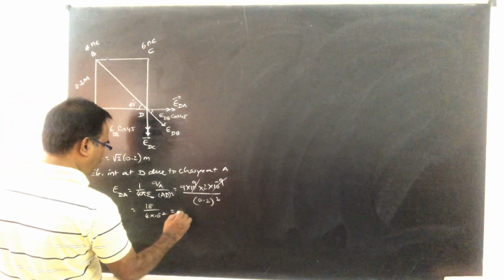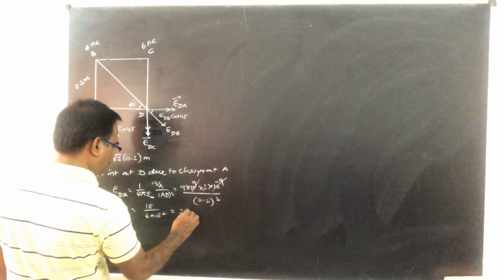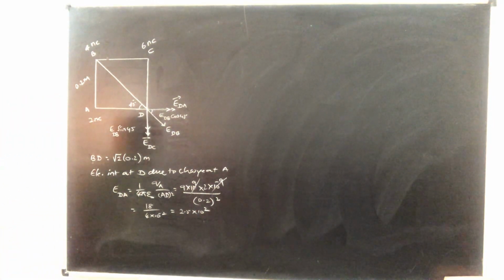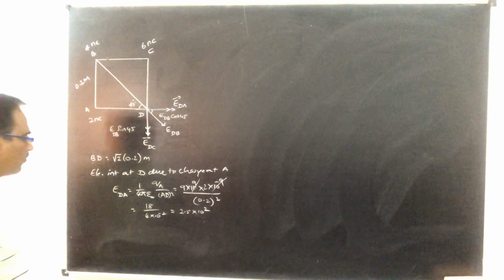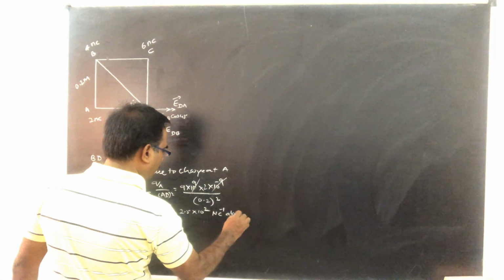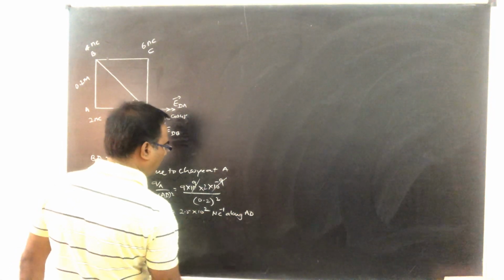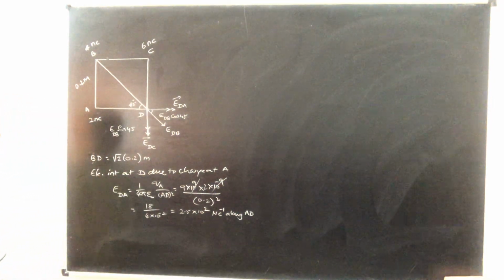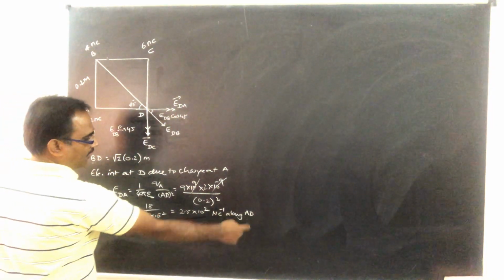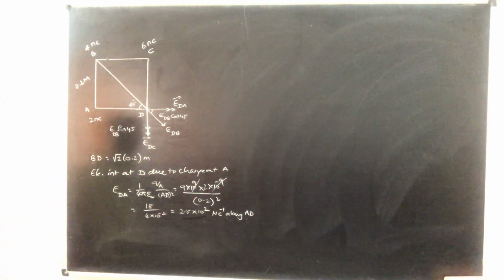So it is 2.5, 2.5 into 10 to the power of 2 Newton per Coulomb along AD. So this field magnitude is this much and the direction is along AD.